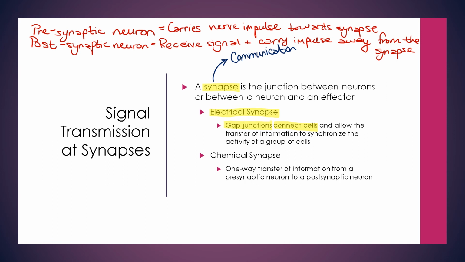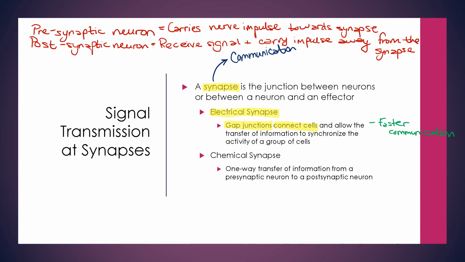Now, electrical synapses have two main advantages. They provide faster communication, and this is because we don't have to wait for the neurotransmitters to cross over the cleft and then bind to receptors on the postsynaptic neuron. That'll take some time, whereas the gap junctions allow kind of instantaneous communication.